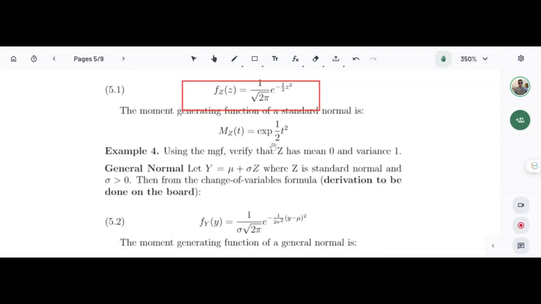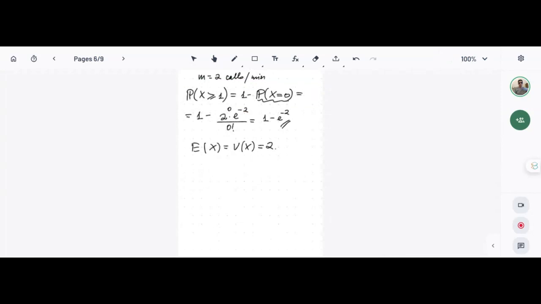Yeah, so you can use the moment generating function to verify that this random variable z has mean 0 and variance 1. This is example 4.